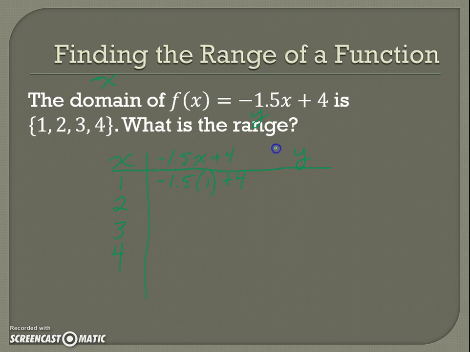So there we go. We get 2.5. And then we go through this whole thing and we do this with all of these values. So negative 3 plus 4 is 1.